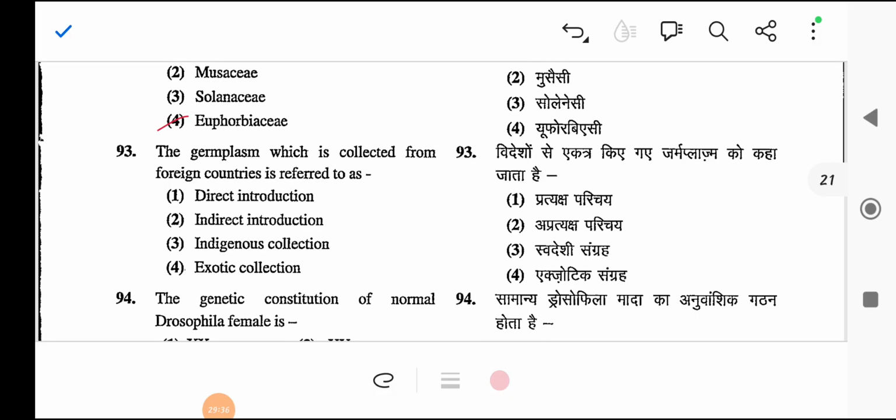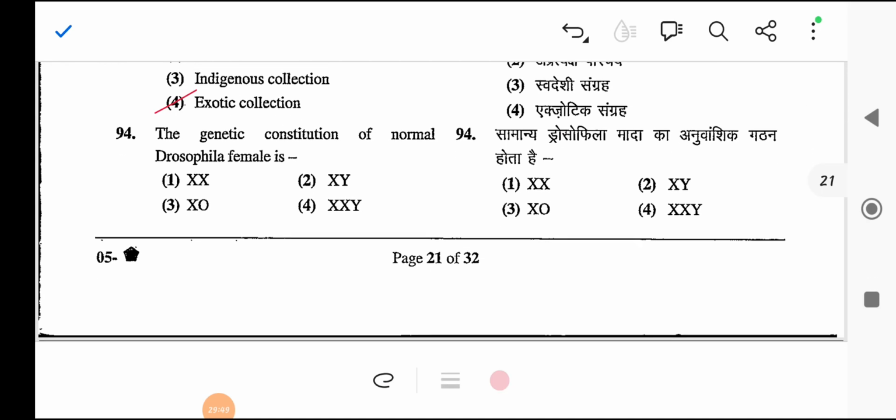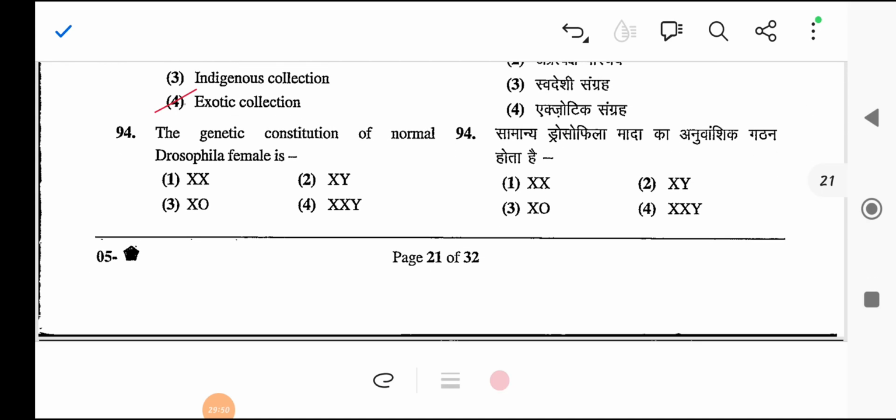Next is the germ plasm which is collected from foreign country is referred to as. So when germplasm is collected from foreign countries, it is referred to as exotic collection. Next is the genetic constitution of a normal Drosophila female is. So the normal Drosophila female is XX and the male is XO.